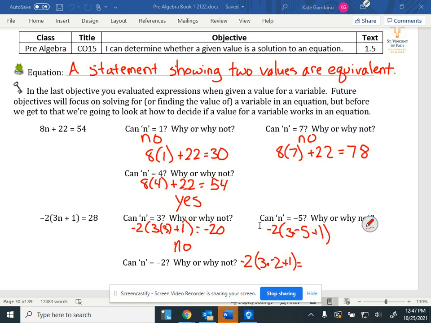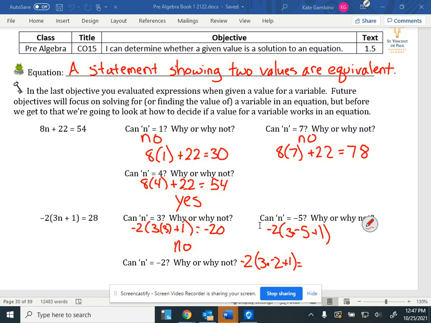One of those will work and one will not. See if you can figure out which one is the one that works. So all we are doing here is filling in our variable with the given value and deciding if it is a true equation, if it is possible.